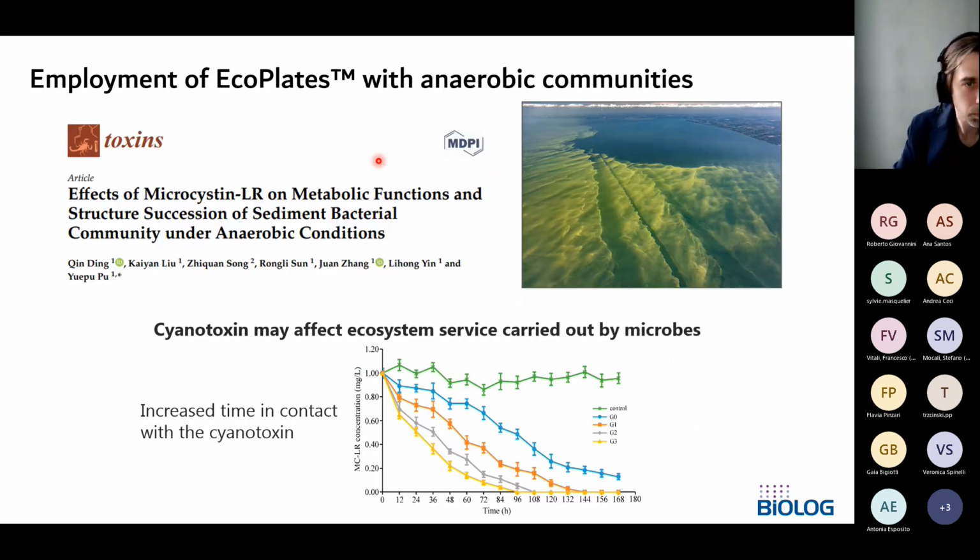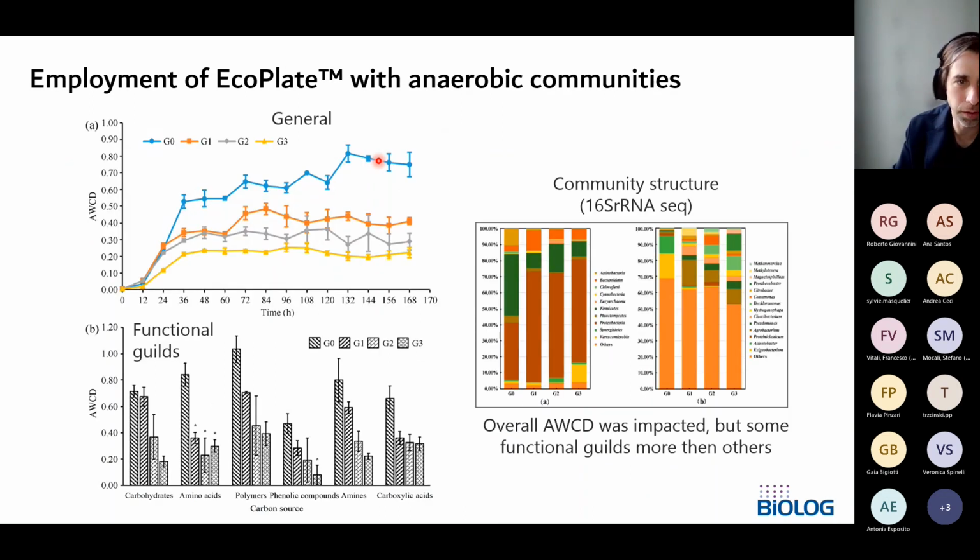But EcoPlate has also been used with anaerobic communities in sediments, but also in soil and wastewater. This paper shows efficiently that they could be used with anaerobic sediments and merged with the 16S sequencing data, leading to a stronger conclusion, because the data are complementary.